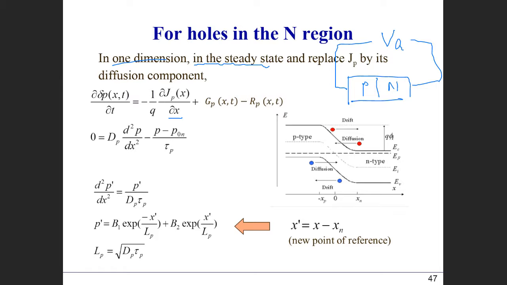In the steady state, the time variation is going to be 0. So in the continuity equation, the time variation of the hole concentration is going to be 0. That's another simplification here. And then the current.